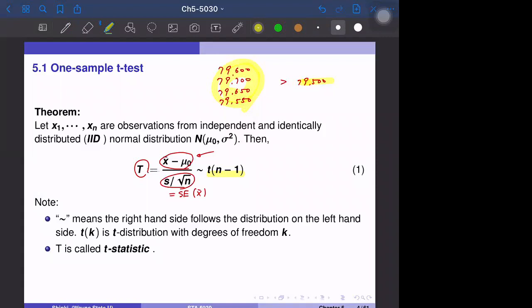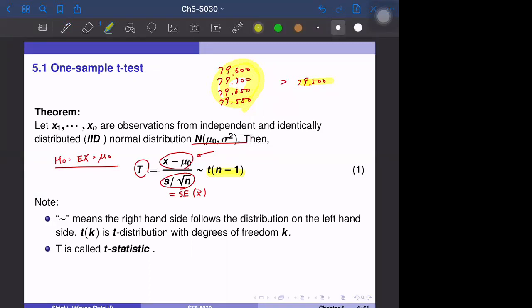So you can see if this capital T is extreme or not based on this statistic. To be exact, if the null hypothesis is true, that the expectation of X is equal to mu naught, so that X follows this normal distribution, then capital T follows this T distribution with df n minus 1.